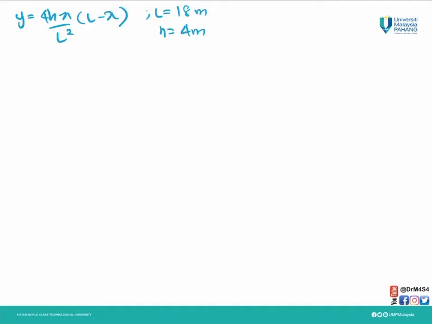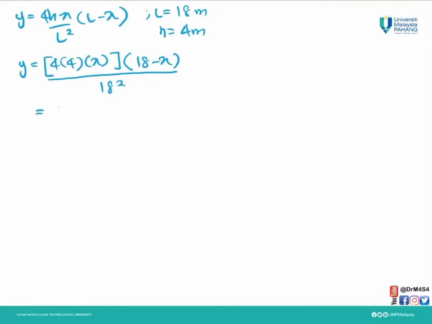So let's substitute L and h into this equation. We get y as a function of x, with x times (18 minus x) divided by 18 squared.